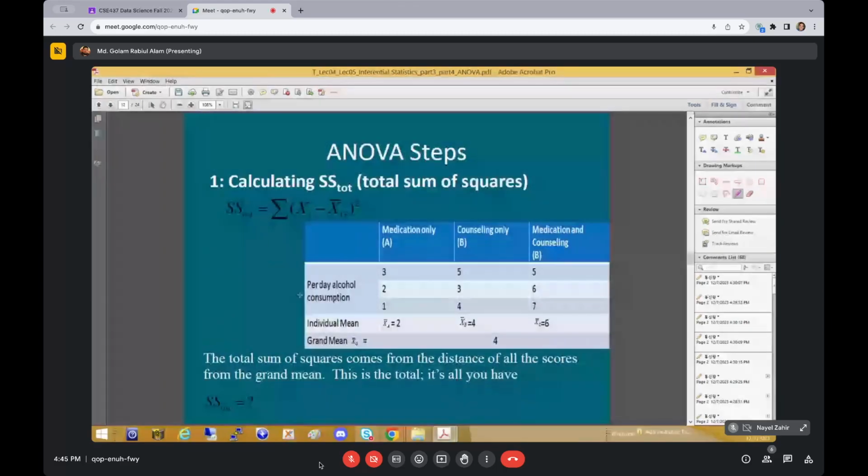At first, we have to find out the SS, that is the total sum of squares. The total sum of squares will be the summation of xi minus x g bar squared. So here in this case, this is one xi, and this is our x g bar.